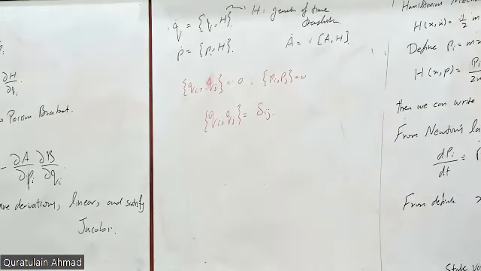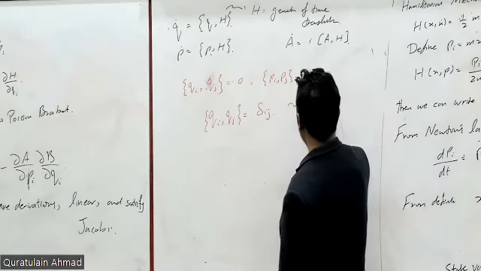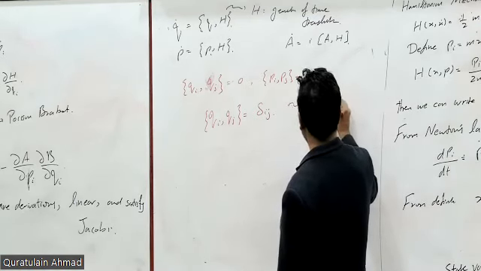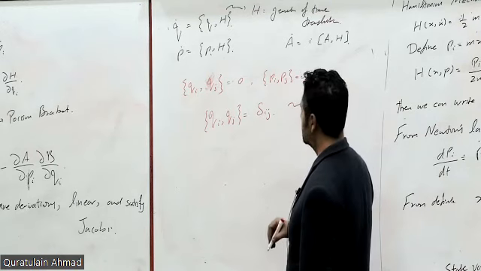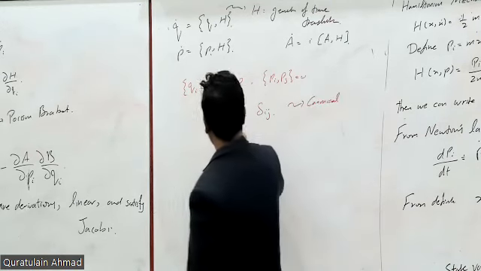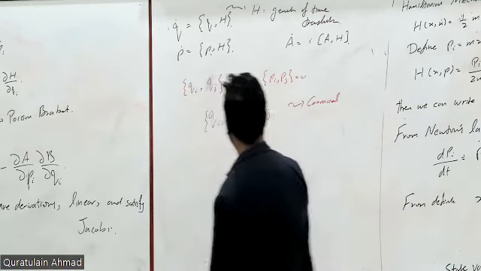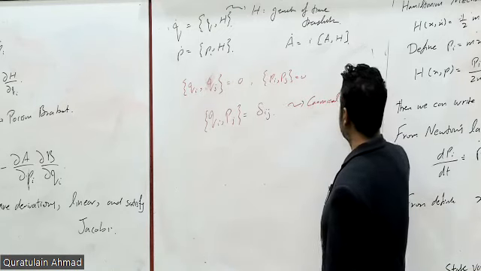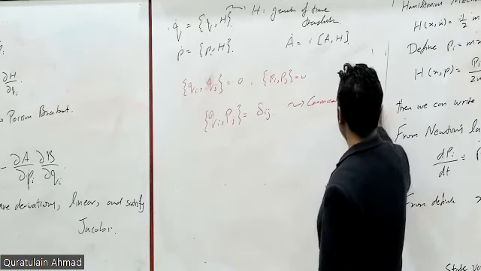This is very easy. So they have this structure between them. Sorry, Qi, Pj will not be zero. These are called the canonical Poisson brackets.